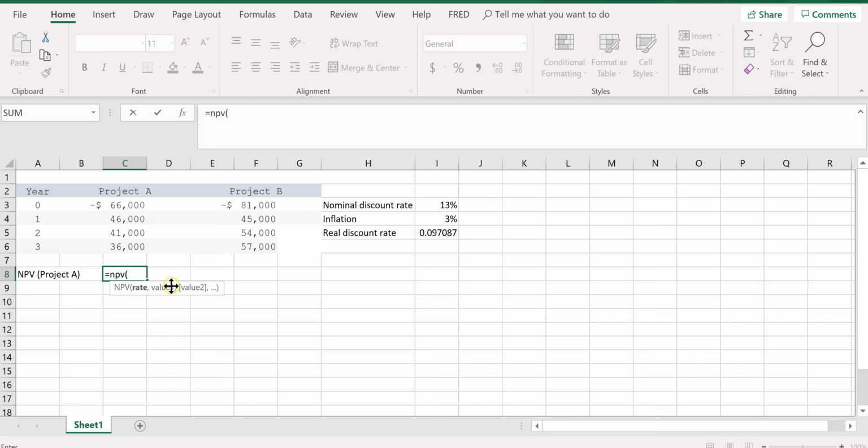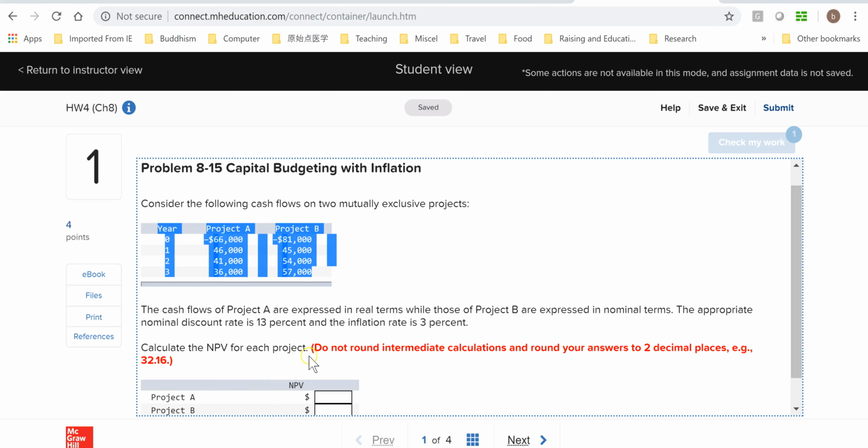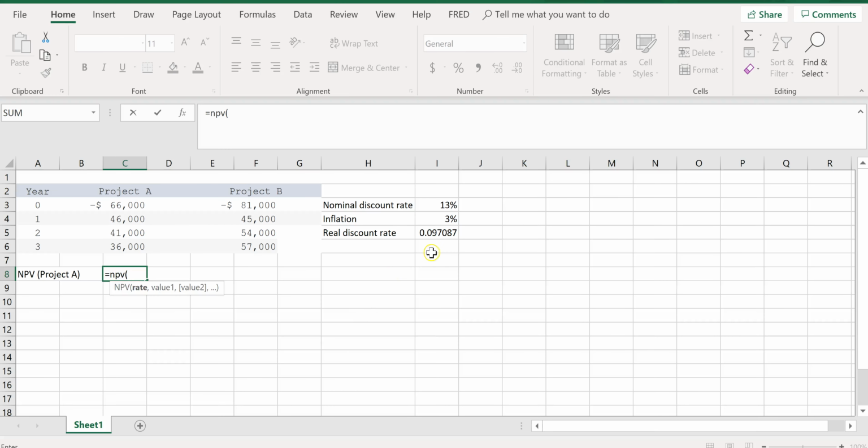Here, you have to start from year one's cash flow and leave the current, or year zero's, cash flow separately. So I'll show you what I meant. So NPV, first argument is the rate. So again, project A, the cash flows are quoted in real terms, right? In real terms. And we just solved out the real discount rate.